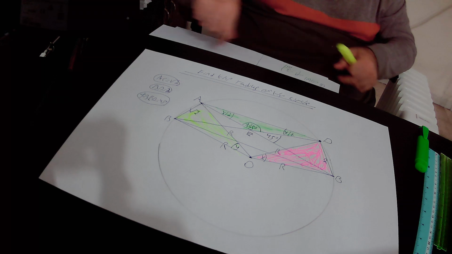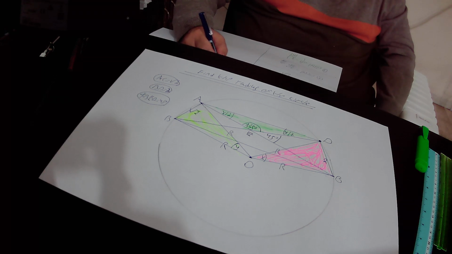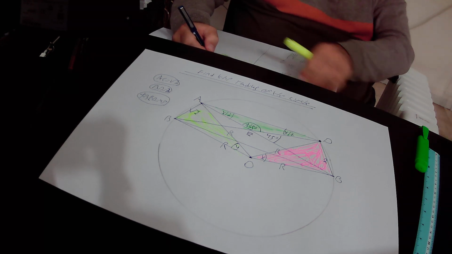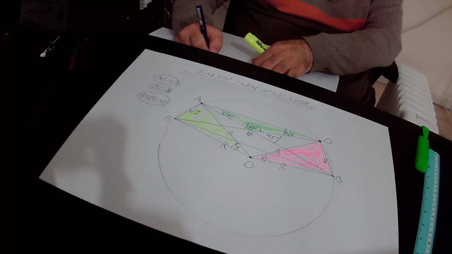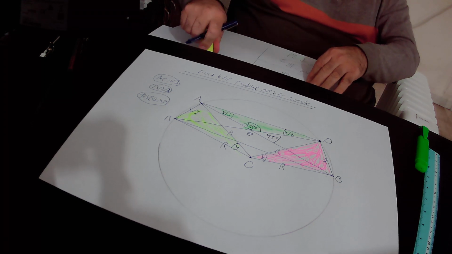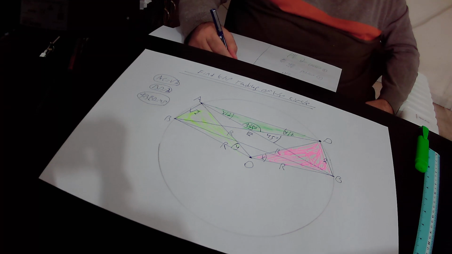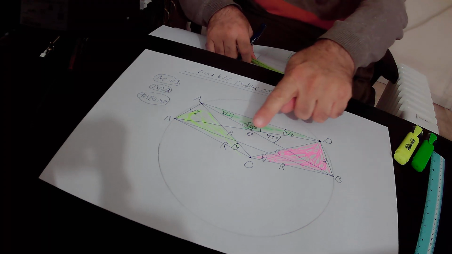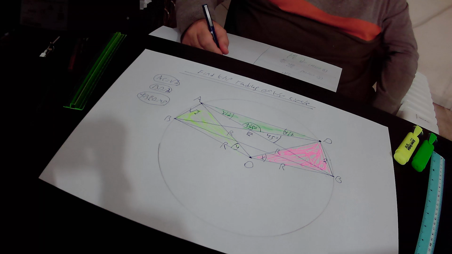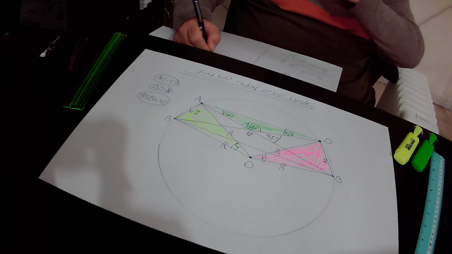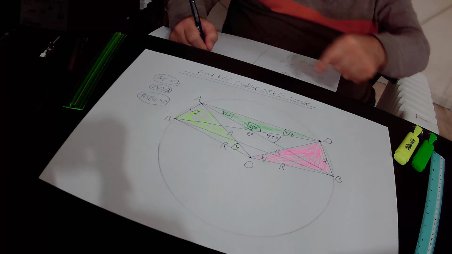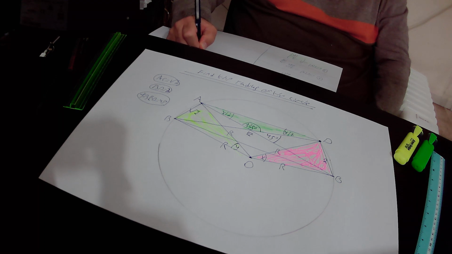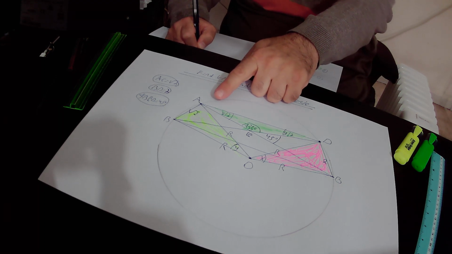In the yellow triangle, triangle AOB, according to the law of cosines, we get that cosine y equals r squared plus r squared minus square root of 2 squared.